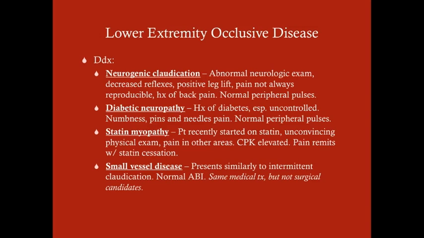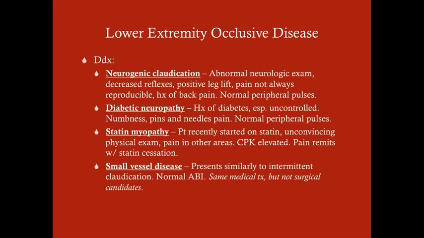So your occlusion is happening in the small vessels, not in the major vessels. And so your ankle pressure to your brachial pressure will be normal because your occlusion is not happening in your larger vessels. It's happening in your smaller vessels. So you'll have a normal ABI, but you'll present totally similarly to intermittent claudication.